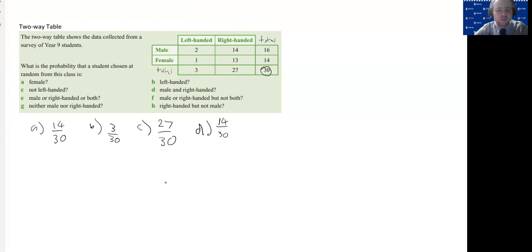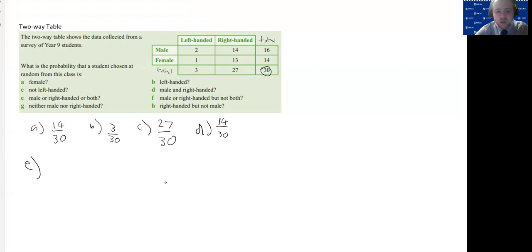Okay, so for part E, male or right-handed or both. We've got to be really careful here that we don't accidentally double count some numbers. All of the male people is 16. Now we don't want to double count those who are male and right-handed because we've already counted them when we got 16 males.